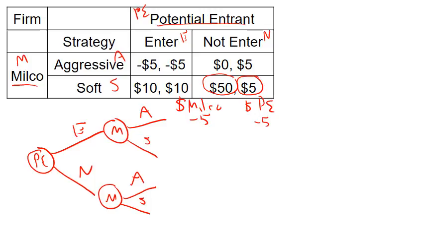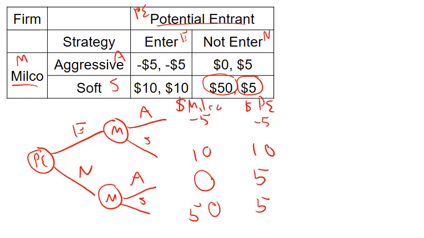If potential entrant enters and Milko goes soft, they'll both get 10. If potential entrant does not enter and Milko goes aggressive, Milko gets 0 and potential entrant gets 5. And if the potential entrant does not enter, Milko goes soft, Milko will get 50 and potential entrant will get $5. So we constructed our tree diagram.